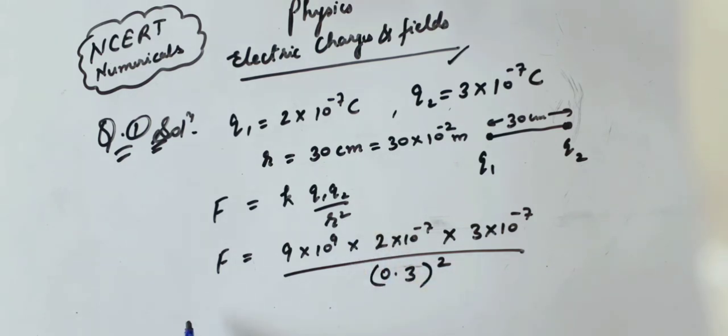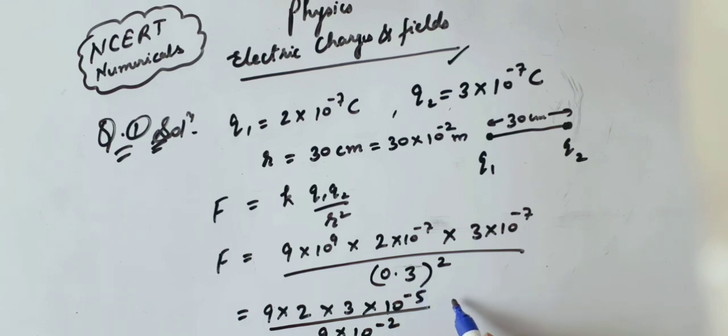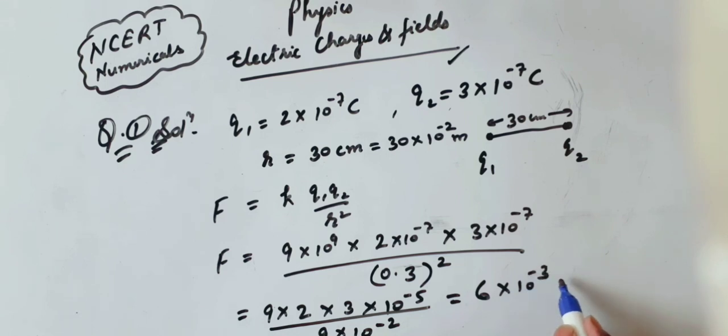So we will get 9 into 2 into 3 into 10 to the power, on solving this, minus 5 divided by 9 into 10 to the power minus 2, on solving this. Okay, so we will get 6 into 10 to the power minus 3 Newton. It will be the answer of this question.